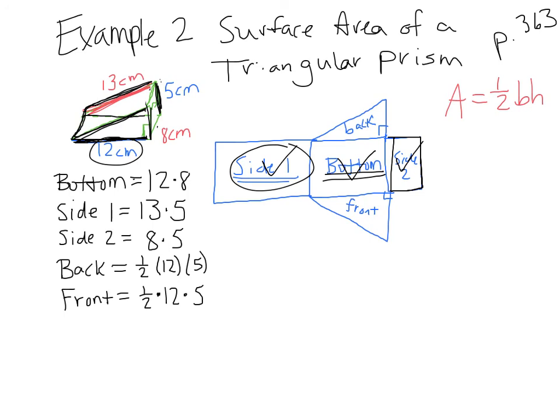Okay, and then you start solving each of these. So let's start with our bottom. 12 times 8 ends up giving you 96. 13 times 5. Oh, I just caught a mistake I made. I'm looking at this, I'm like 13 times 5. I did this times this.